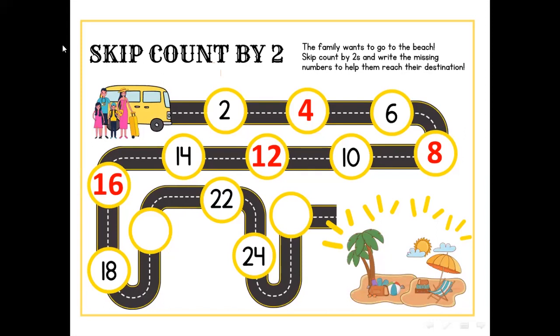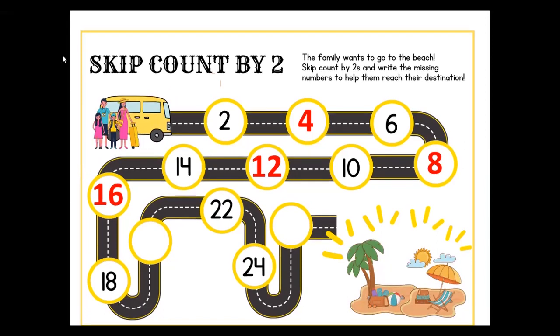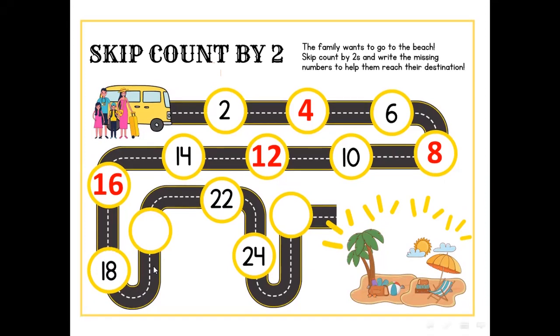Hello, Jessie. Can you please, sweetie, tell me what is this number? 18. Good job. Can you please tell me when I'm counting in twos, what comes after 18? 20. Wow, good job, sweetie.